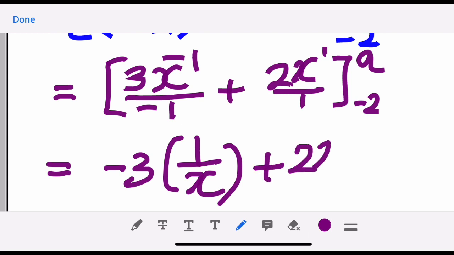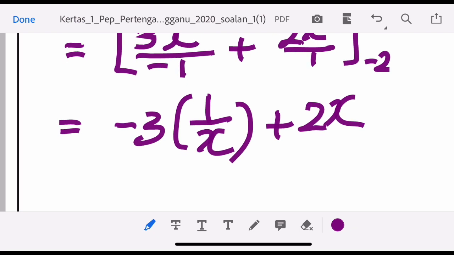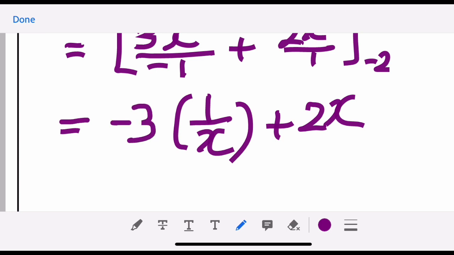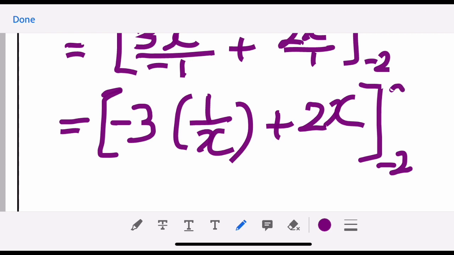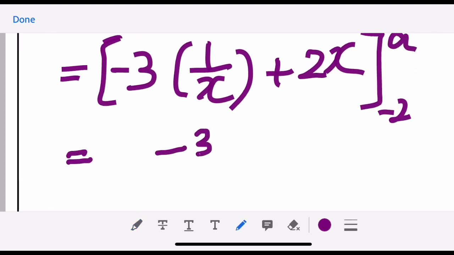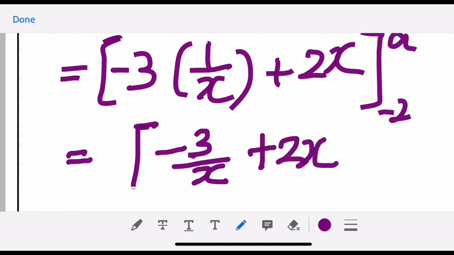Okay, fine, this is still 2x, right? So you still cannot substitute. We want to simplify until we get a very beautiful fraction, then only we substitute. So we still need to write until this way, then only you can substitute.